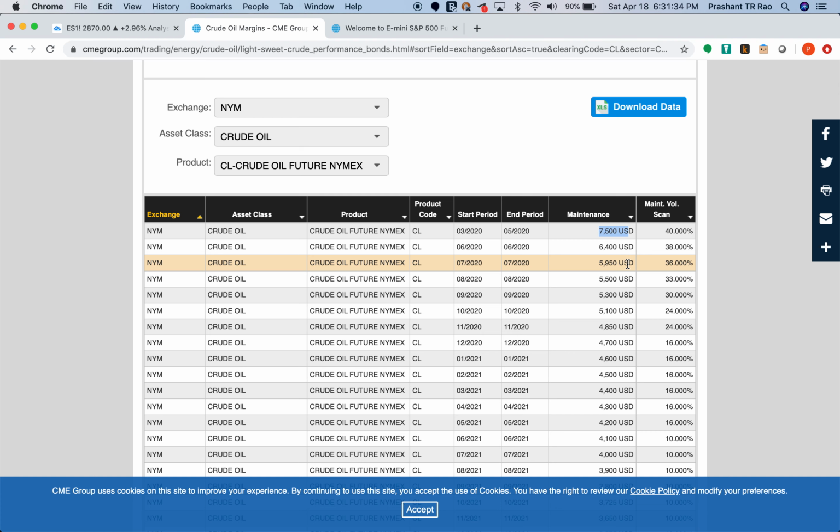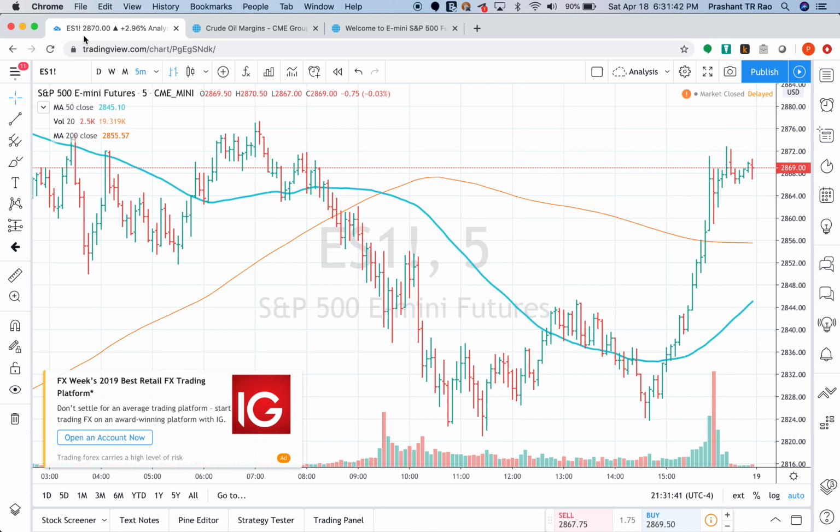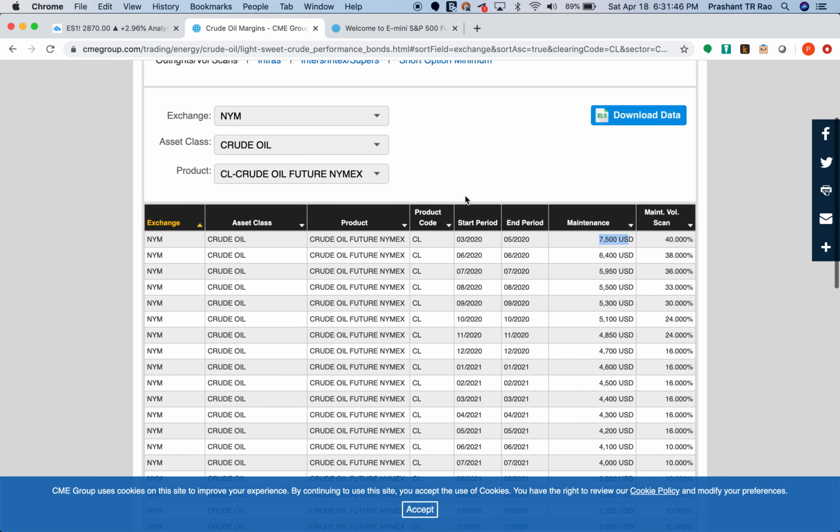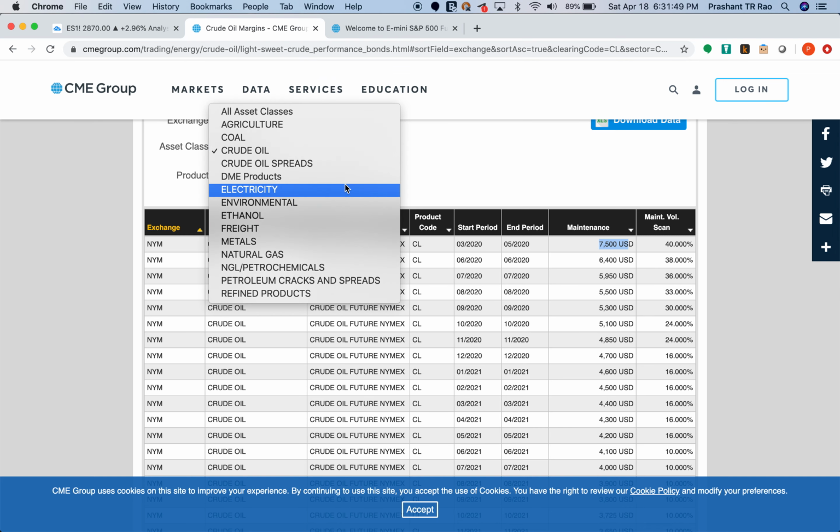It can be pretty disastrous if you're caught the wrong way. You can go and look at various other contracts. If you use the drop down here, it gives you different categories, and within each category, you have a whole lot of instruments. You can look at them and see which ones you would like to trade.